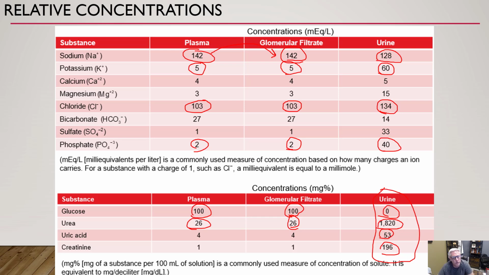You will need to know the concentration of potassium. Really, potassium is going to be the only one. You're not necessarily going to have to know the numbers, but you're going to have to notice that the concentration of potassium is going to be higher in the urine than it is in the glomerulus or the plasma.